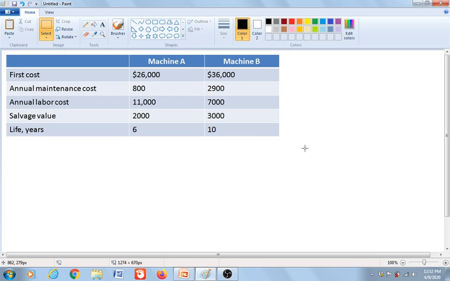So we have the problem here. So we will do the analysis for machine A first. So machine A, and the life of machine A is 6 years.